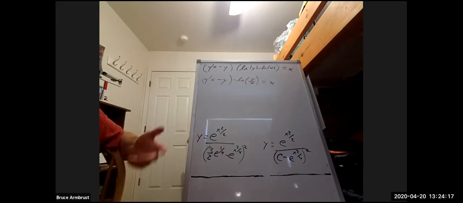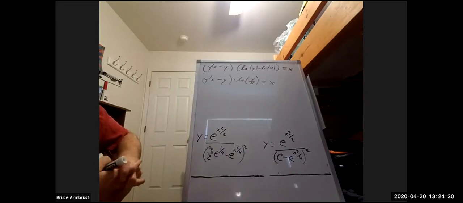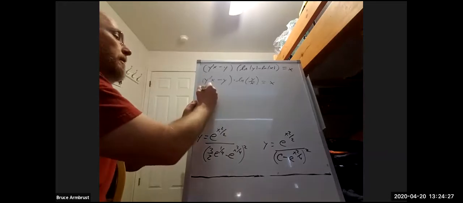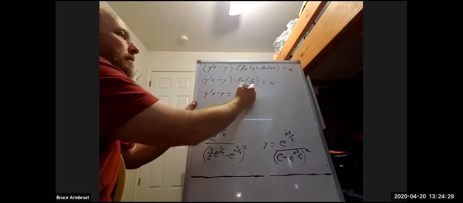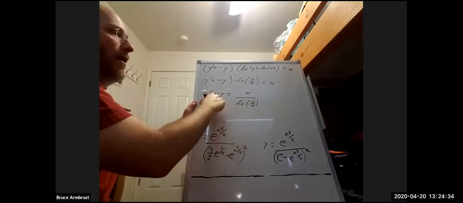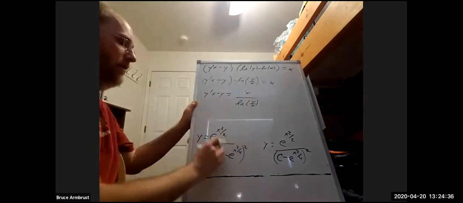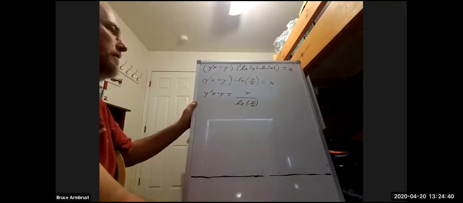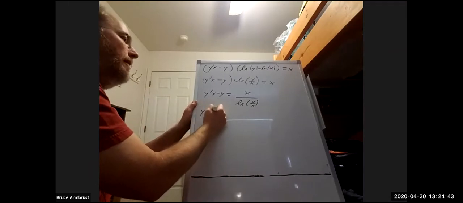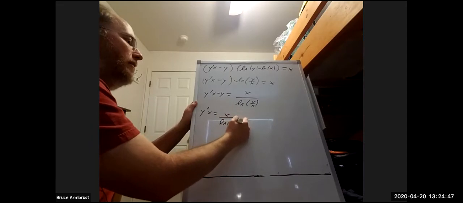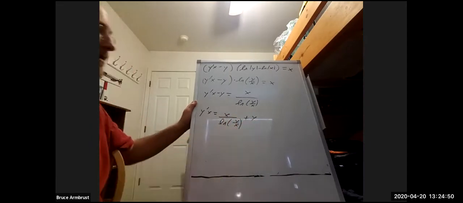So now let's keep moving this as y prime equals. We'll divide by that natural log. We'll get y prime x minus y equals x over the natural log of y over x. I'll add y over there. So adding y to both sides is going to give me y prime x equals x over the natural log of y over x plus y.